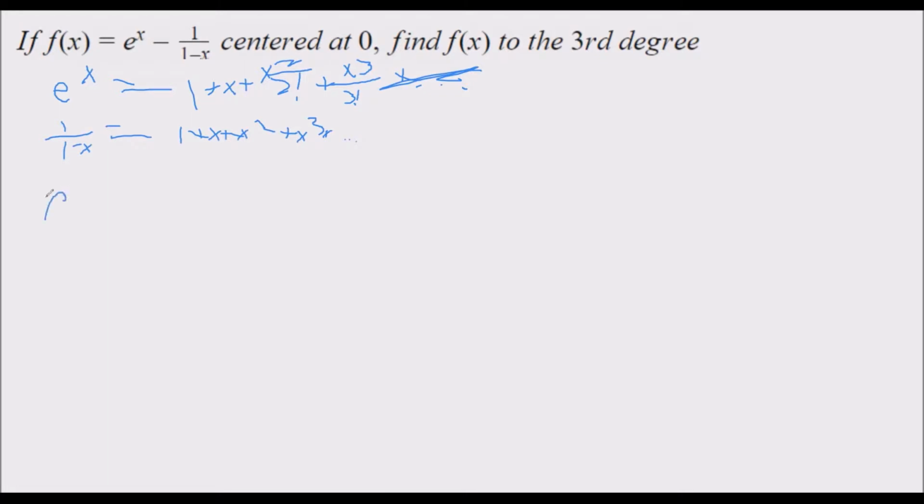We can say that f of x is equal to these first 4 terms, and I'll use these as an approximation to substitute in for e to the x. Minus these terms over here.